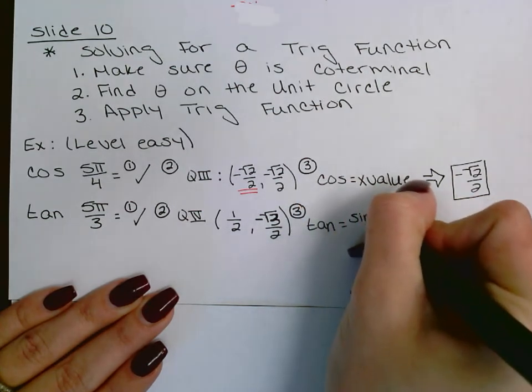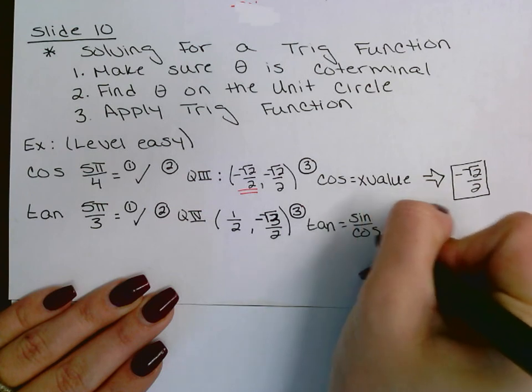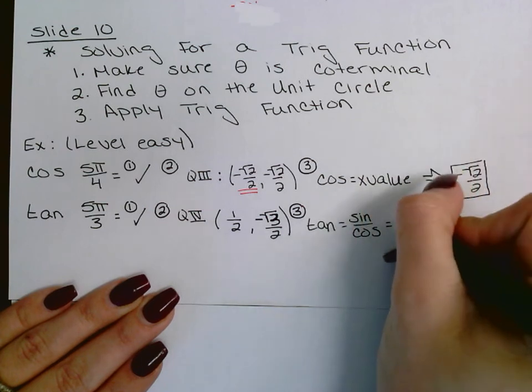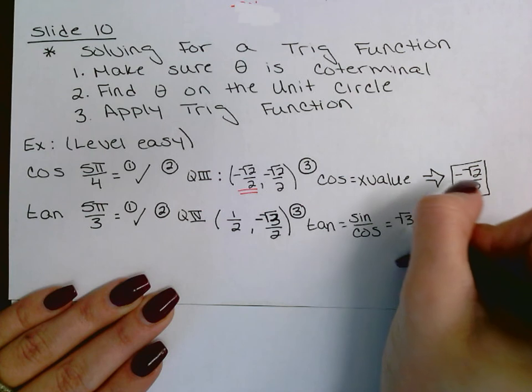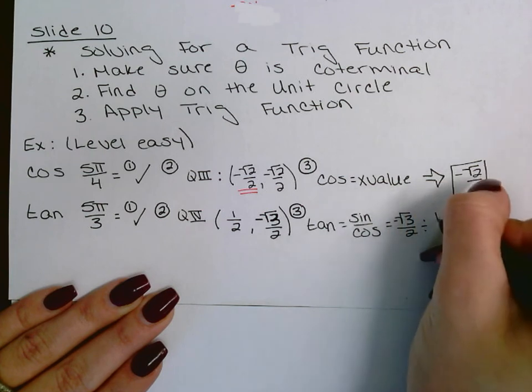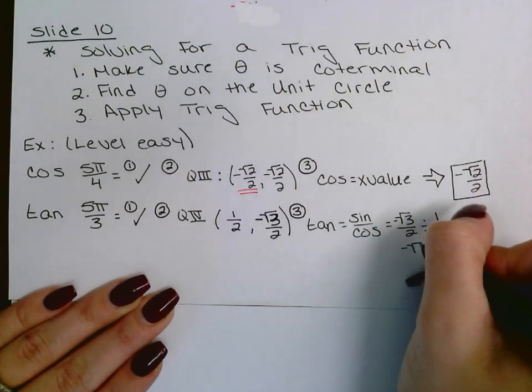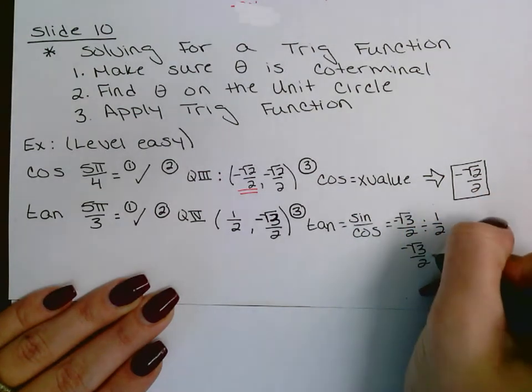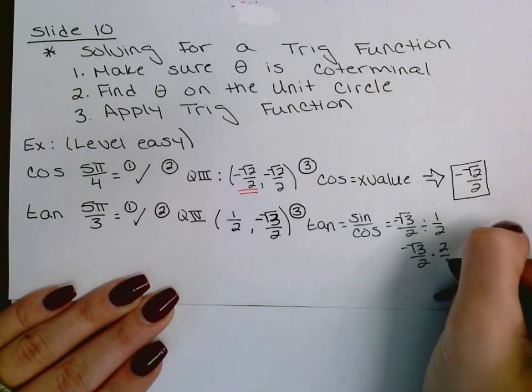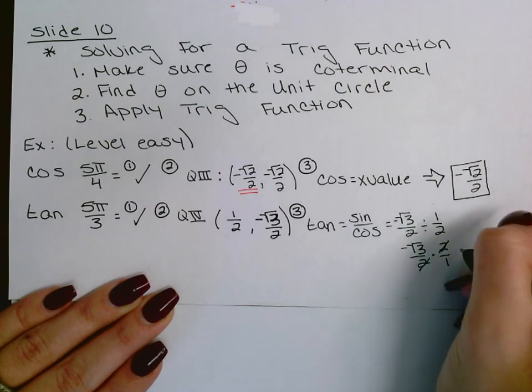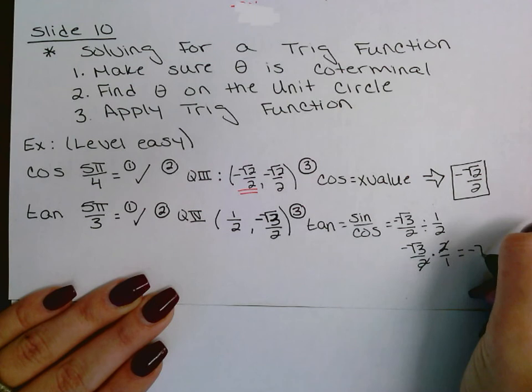Sine over cosine. So, negative radical 3 over 2 divided by 1/2. Keep change flip. The 2's cancel. And what is my final answer? Negative radical 3.